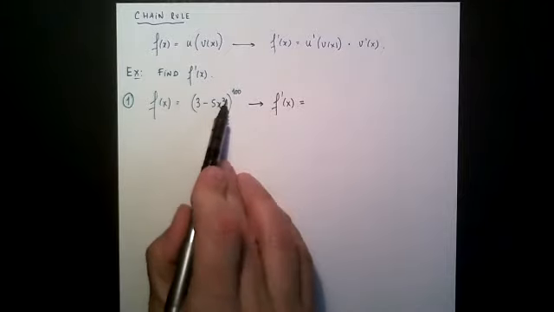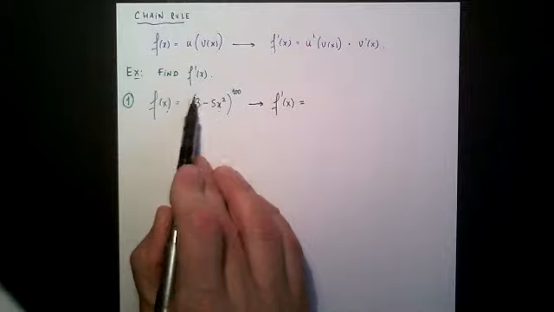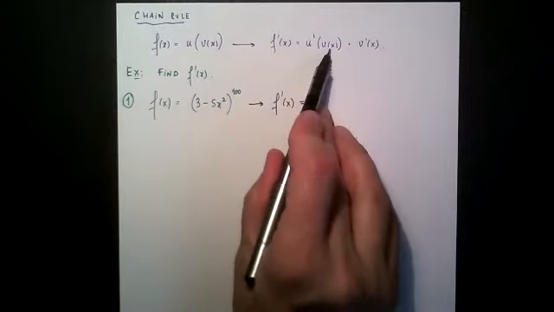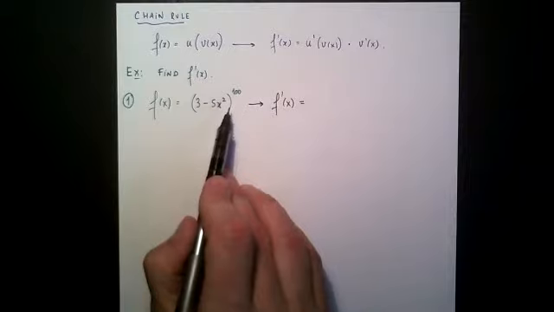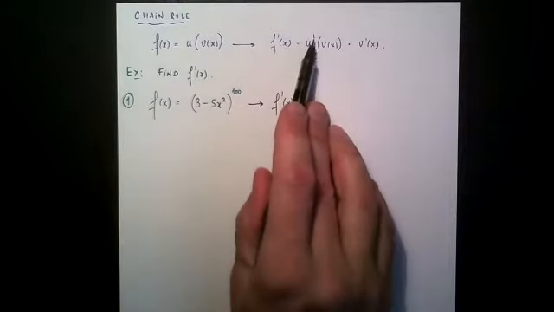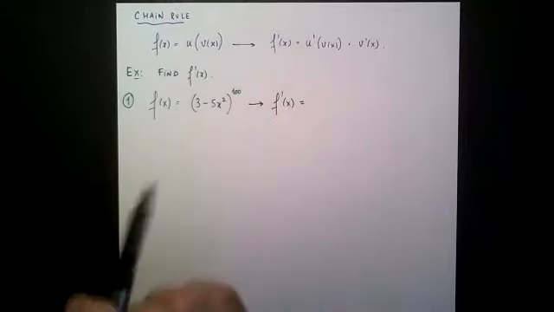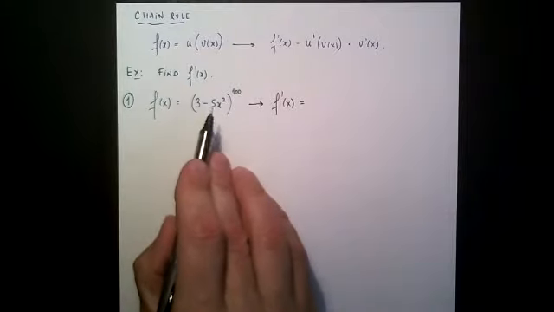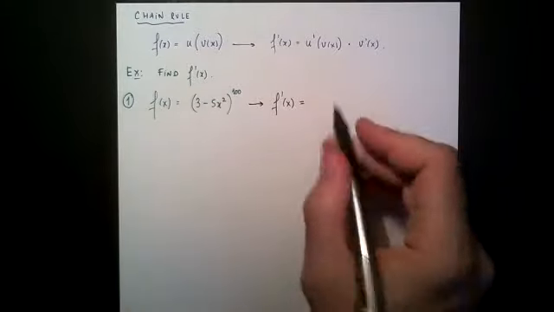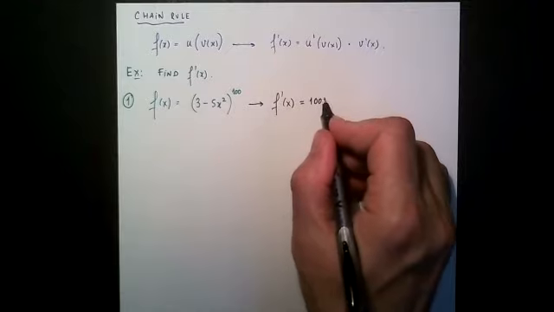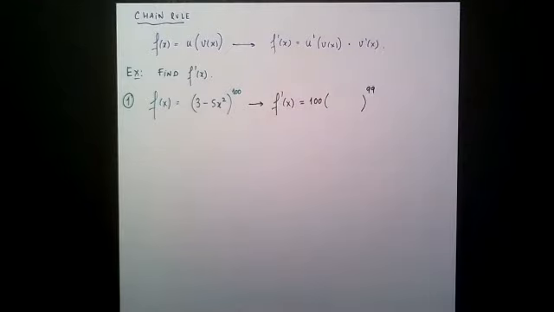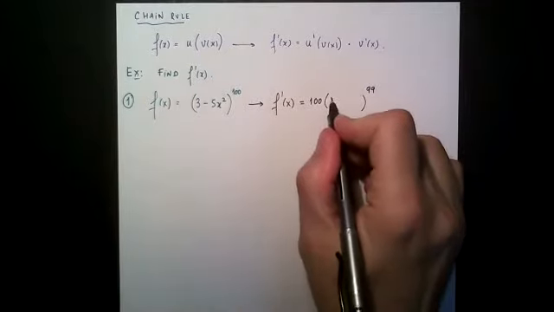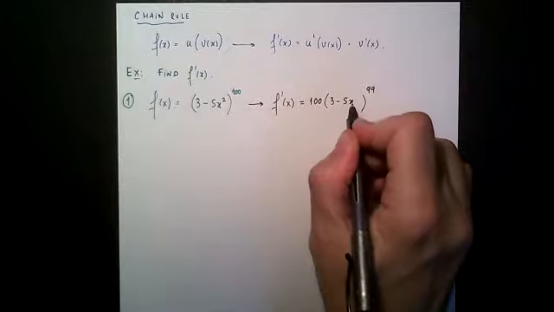I'm going to consider the inside here as the interior function, that's the v of x. And the outer function is the power 100. The first thing I will do is derive the outer function. How do we find the derivative of power 100? It's 100 times whatever's there, power 99. This we know. So this is 3 minus 5x².